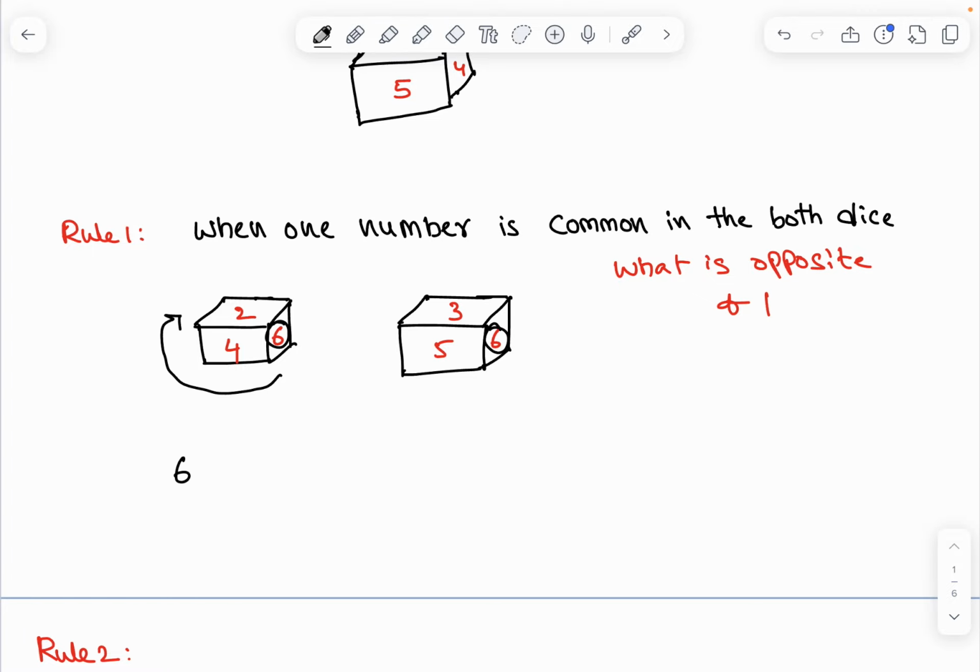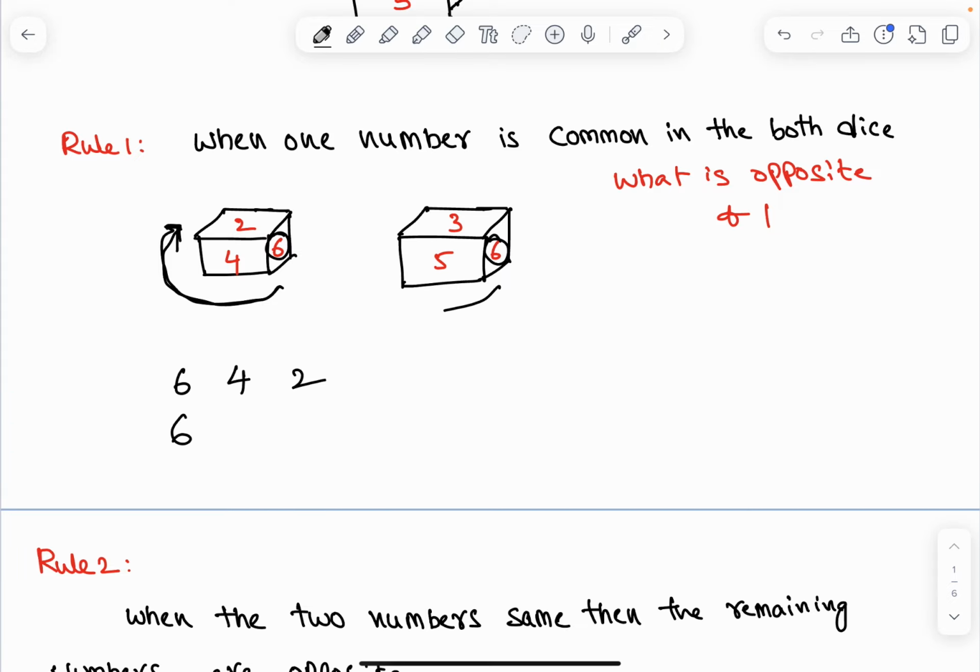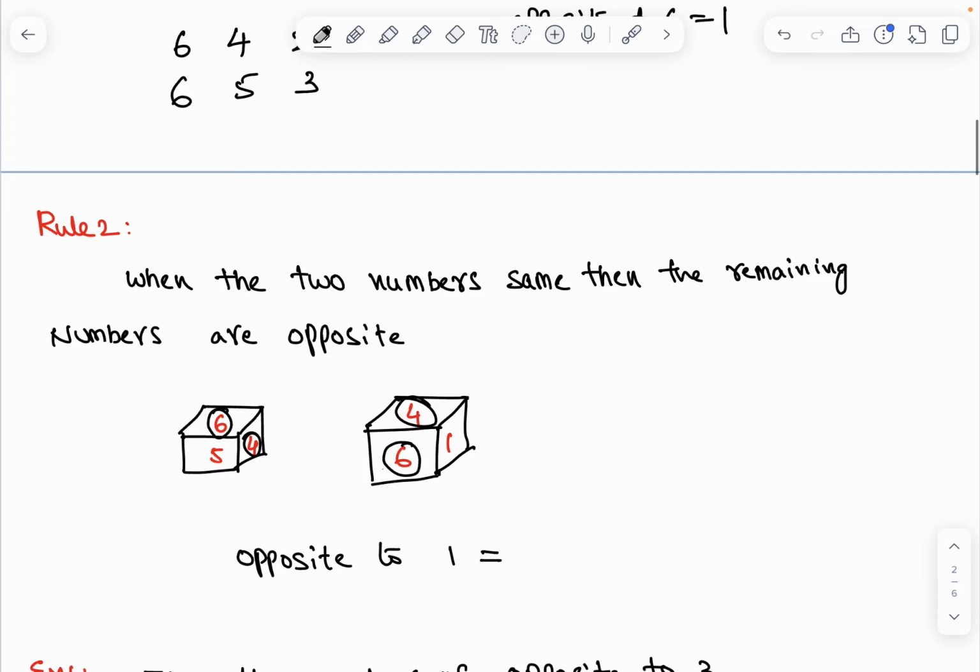First write 6 and next 4 and 2 in this direction, and write 6 here, 5, 3. It means the opposite of 4 is 5, the opposite of 2 is 3, the opposite of 6 is 1. This is the answer. Therefore, the opposite of 1 is equal to 6. This is rule 1.